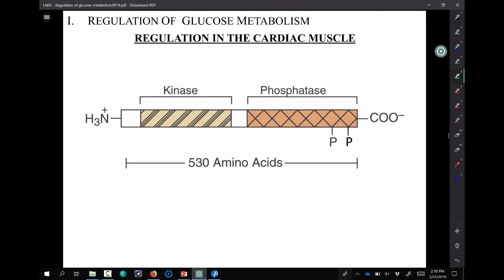Okay, and we'll start with some of the differences here, starting with cardiac muscle or the heart. Epinephrine is one of the signals that can lead to the regulation of glycolysis, in particular an increase in glycolysis. Like we're saying, fight or flight is going to lead to really increased heart rate.